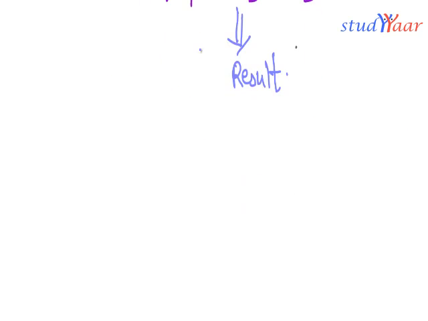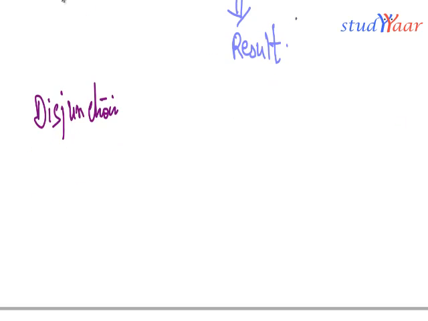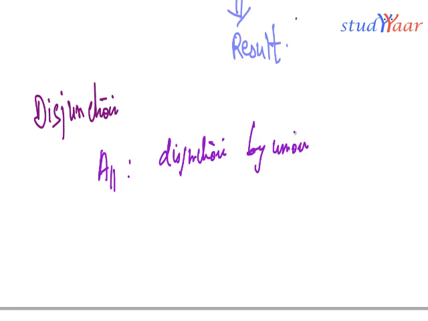Now we are going to look at disjunction, which is the A11 algorithm. A11 is disjunction by union. What am I supposed to find?